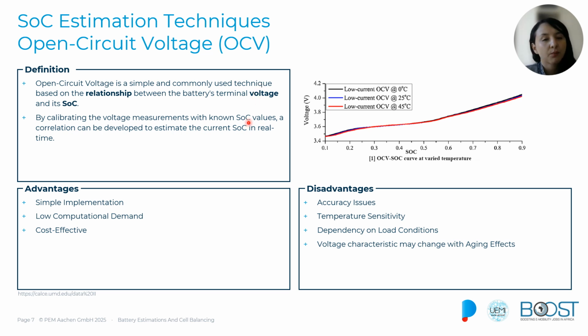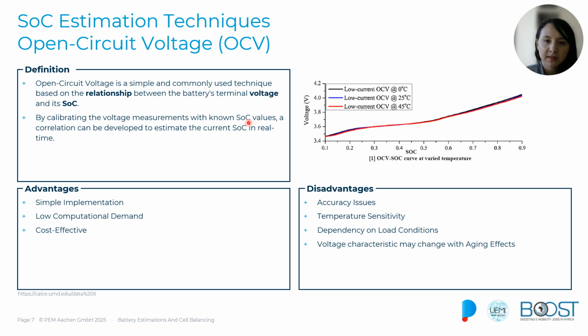By calibrating the voltage measurements against the SOC values, so by doing an initial characterization and correlating the voltage measurements with the SOC values, we can develop an algorithm that allows us a real-time estimation when the battery has no current flowing through it.